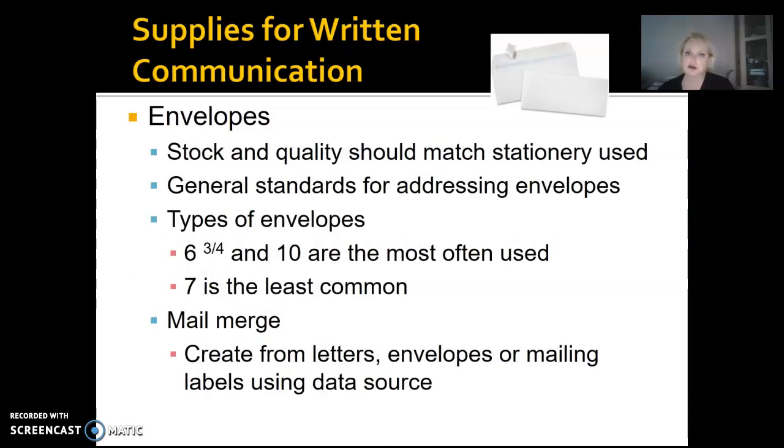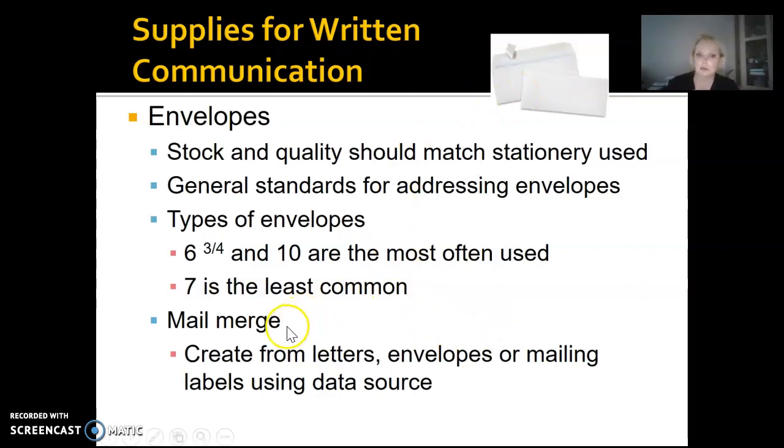Now, in terms of the envelopes that we have, you're going to have the 6 3/4 wide and then also the 10-inch wide. Those are the types of envelopes you see. You'll have plain envelopes as well as envelopes that say Hoag Medical Group in the upper left corner for mailing purposes.